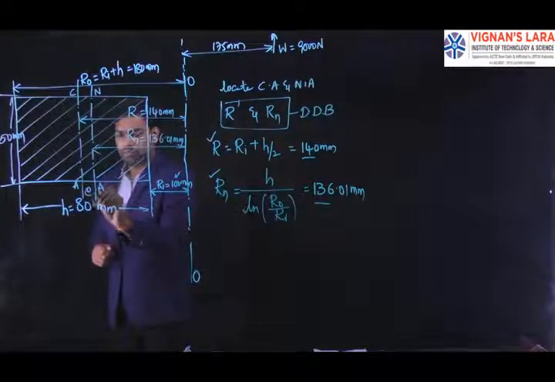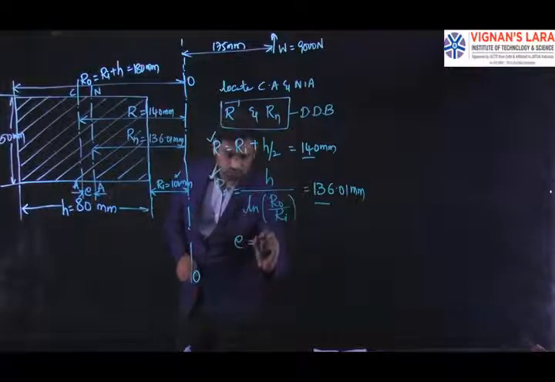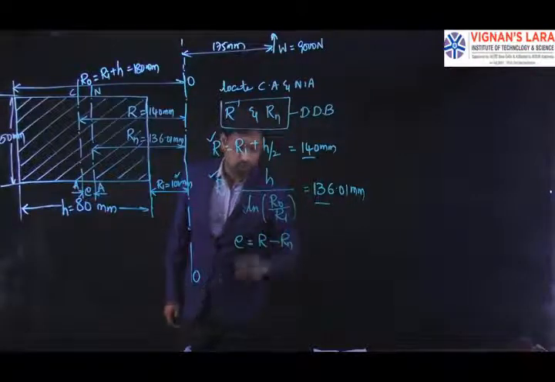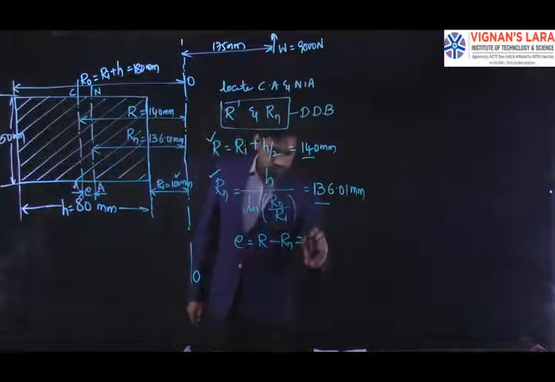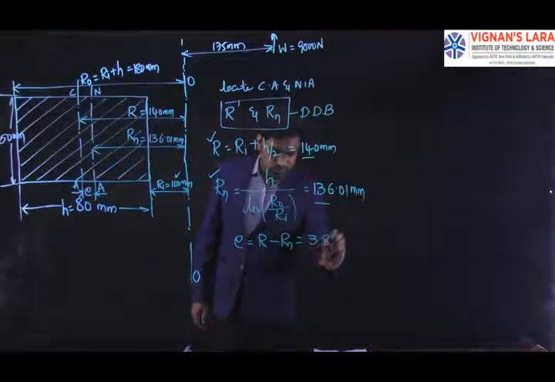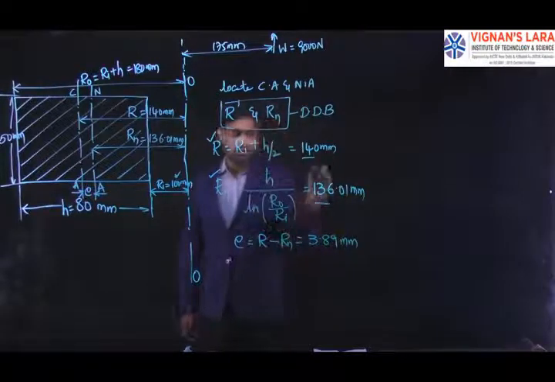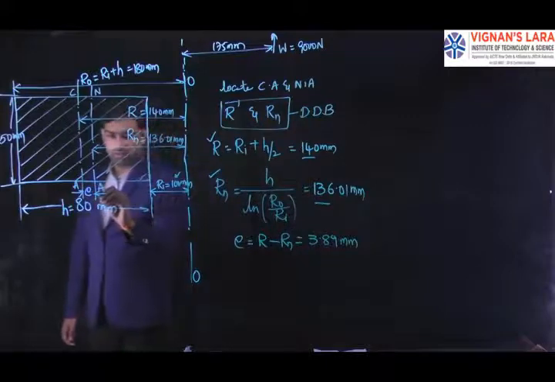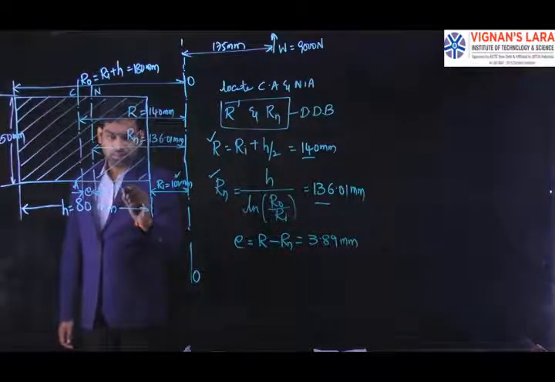That is the difference between R and Rn, so e is equal to R minus Rn, the greater value always being R. Substituting R 140 and Rn 136, the value is 3.89 mm.